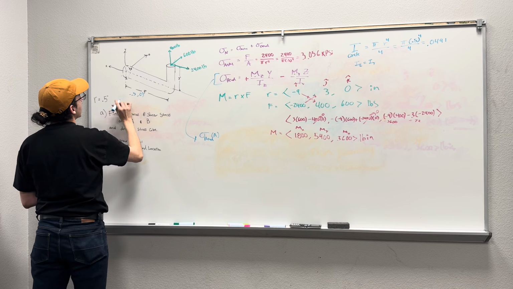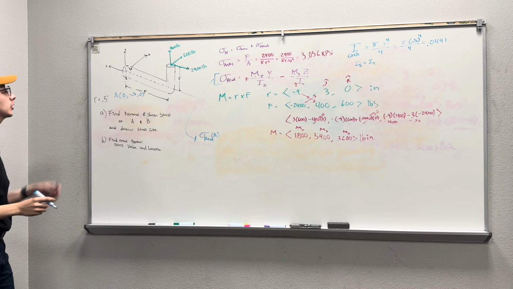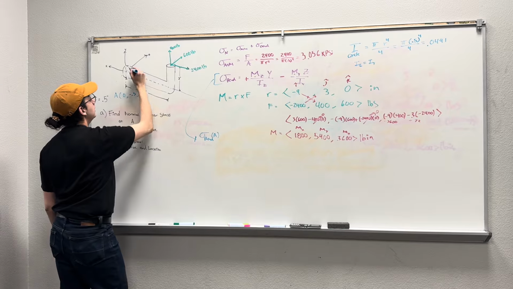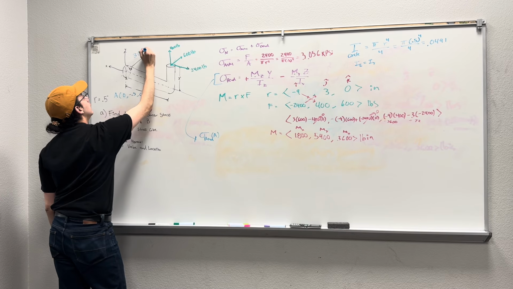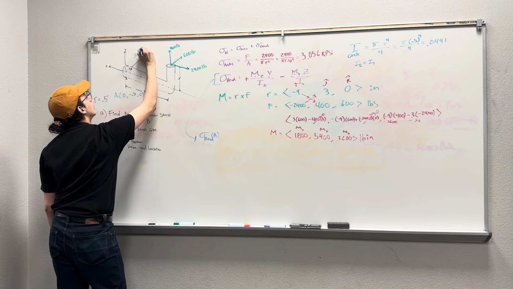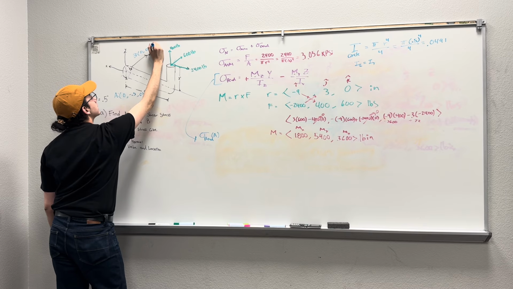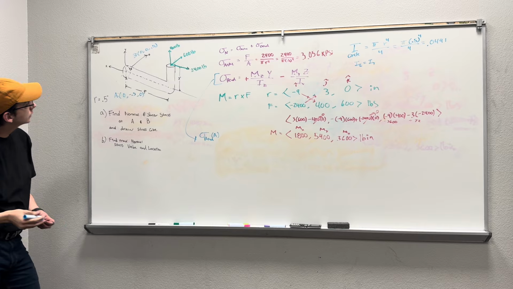If you want to be more exact, it's 0, negative 0.5, 0 for x, y, and z, and my B is going to be equal to 0 in the x direction, 0 in the y direction, and 0.5 in the z direction.